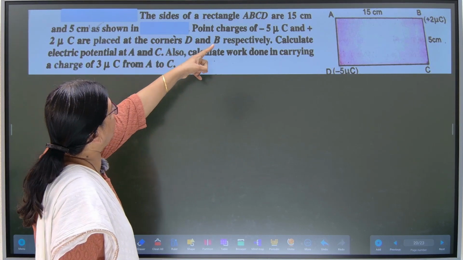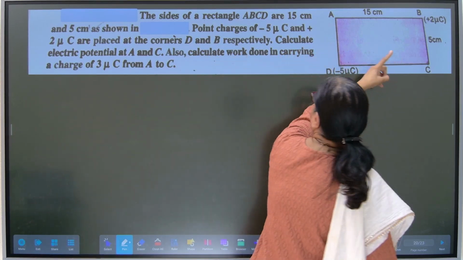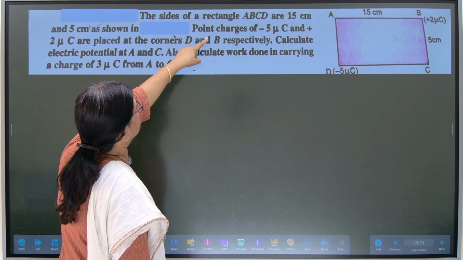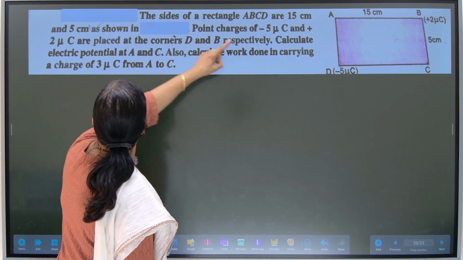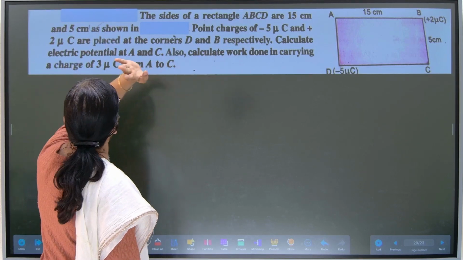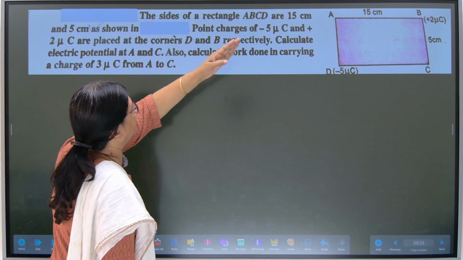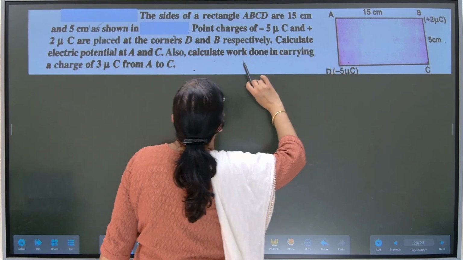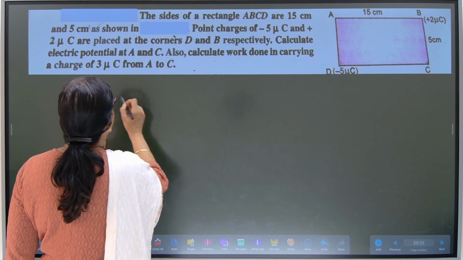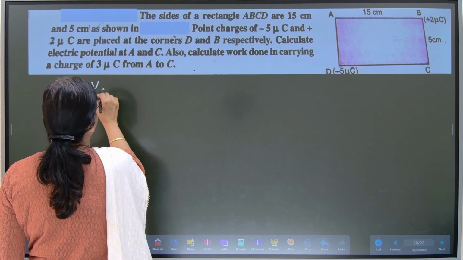The sides of a rectangle ABCD are 15 centimeter and 5 centimeter as shown in the figure. Point charges of negative 5 microcoulomb and positive 2 microcoulomb are placed at the corners D and B, here D and there B. Calculate the electric potential at A and C. That is, you are asked to find out VA, VC.